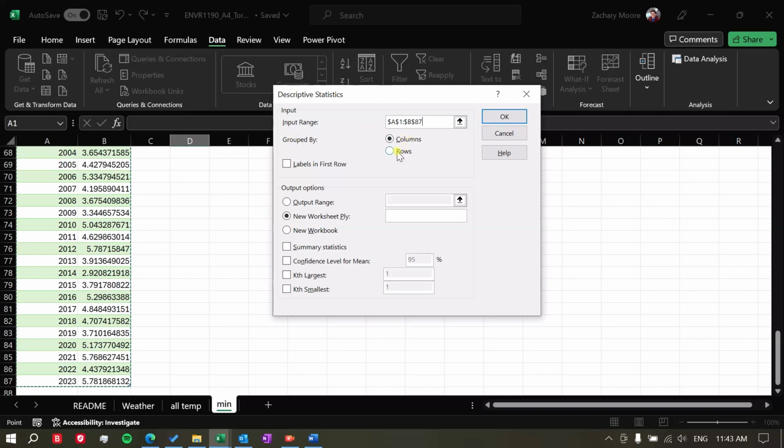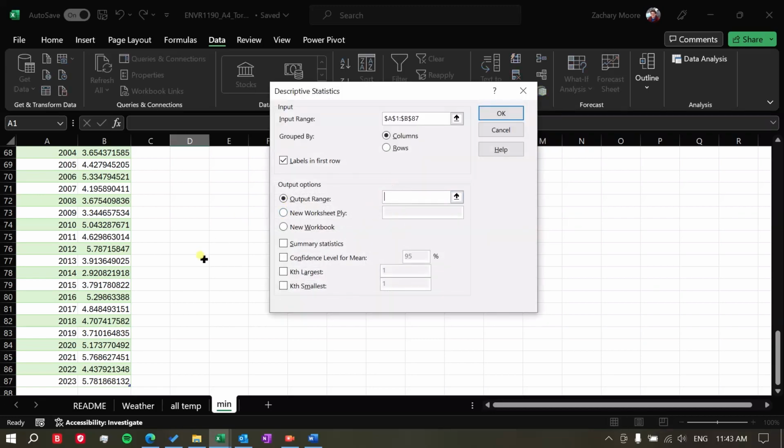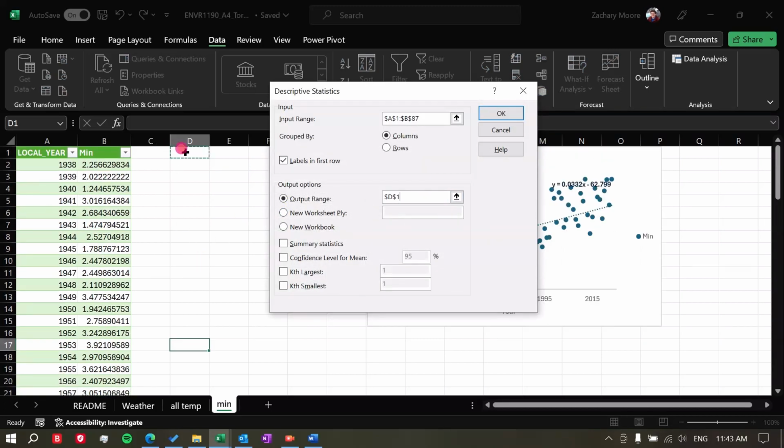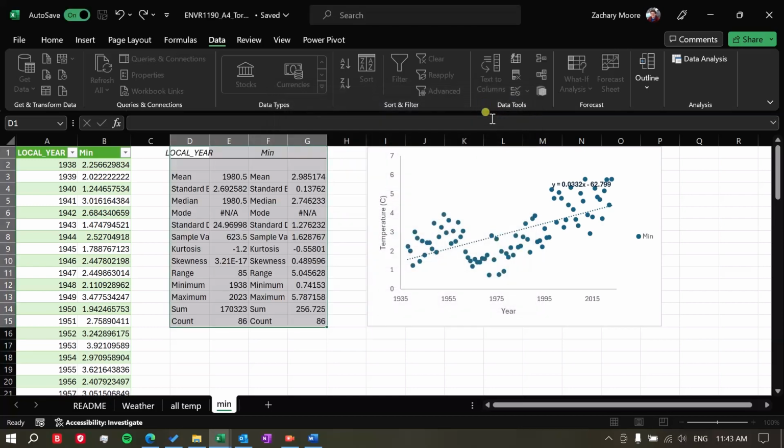We tell it that we want to group by columns because that's where our values are. If we picked rows, it would summarize by year, which is just this one value. We tell it that we have our labels in our first row because we have the names of those columns. Now we tell it where we want it to output, and we're going to put it just right beside our table here. We have to pick what we want, and so we pick just the summary statistics.